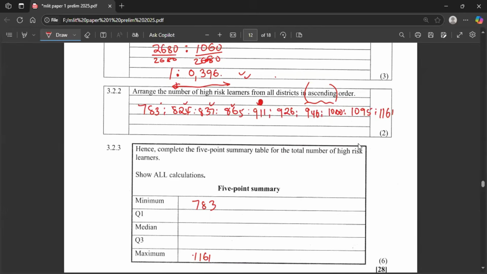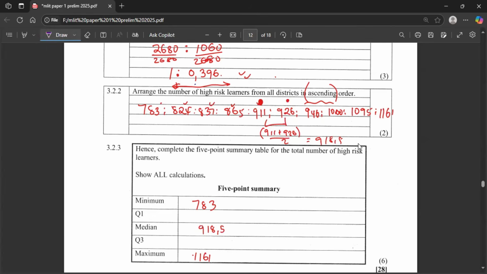Then 1, 2, 3, 4, 5. So we need to plus these two numbers and then divide by 2. That's going to be 911 plus 926, and then divide by 2, which gives me 918,5. Okay, so our median is 918,5.